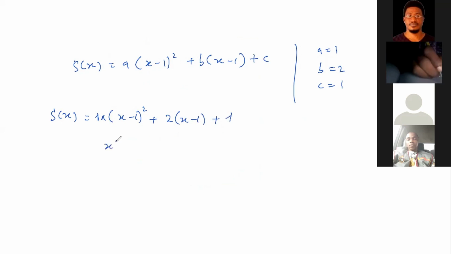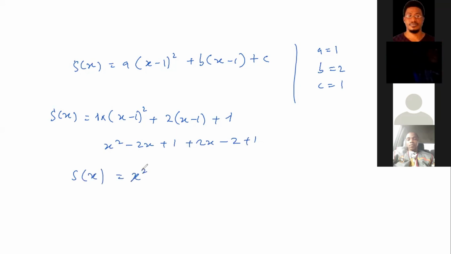And this is going to give us x squared minus 2x plus 1 plus 2x minus 2 plus 1. And here again, S of x is going to give us x squared, which is the quadratic spline function in this case.